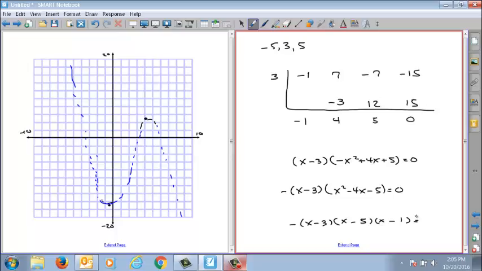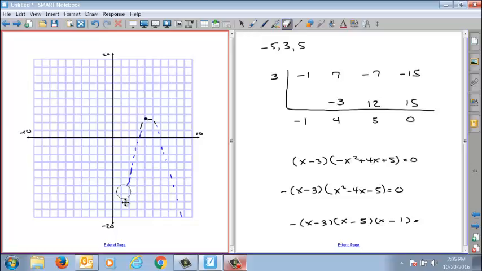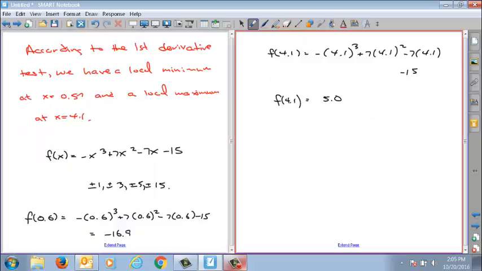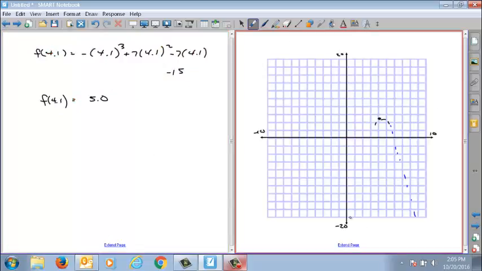So I didn't get exactly, I did this problem last time. That throws me off. It was positive 0.6 and negative 17. So it's actually right here, about right there instead.